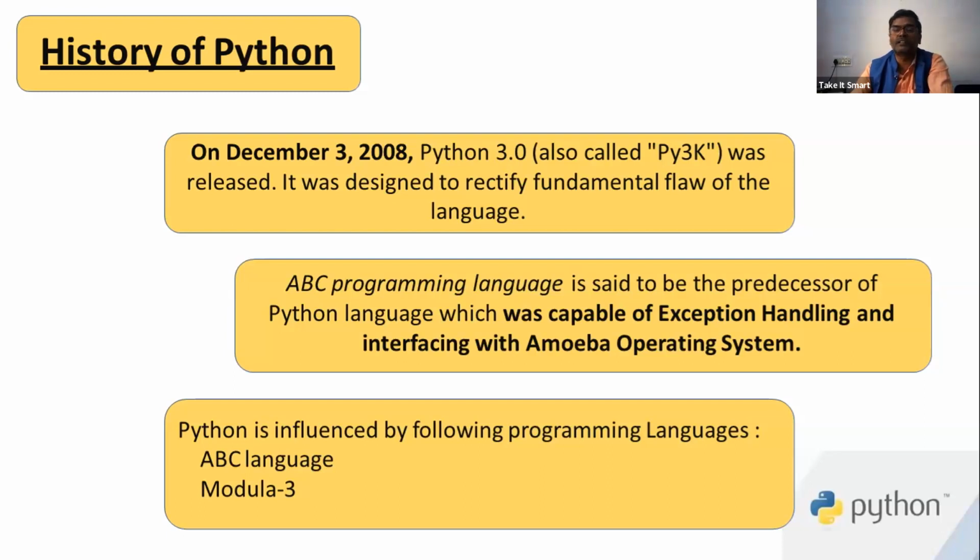You may have heard the name SAP, a very popular platform for ERP and CRM by the company SAP. Okay. So Python was a language capable of exception handling and interfacing with the Amoeba operating system. Fine. So Python is influenced by the following programming languages: one is the ABC language and Modula-3. So let it be history.